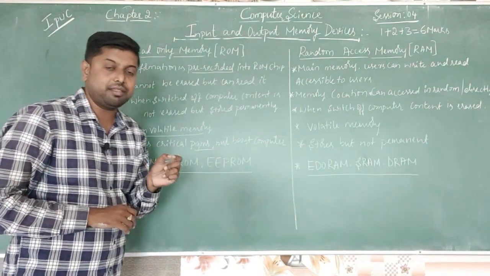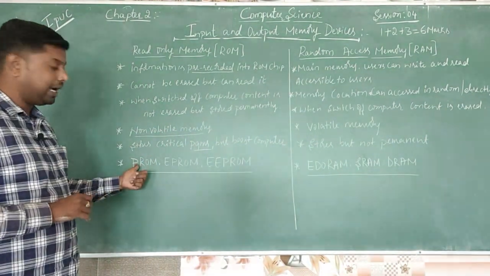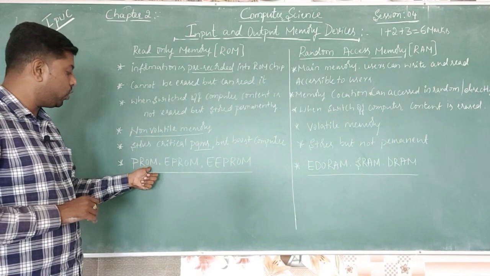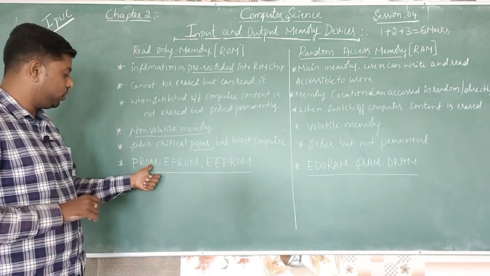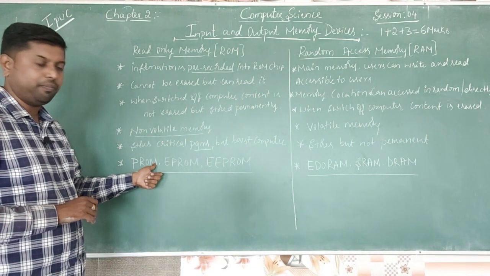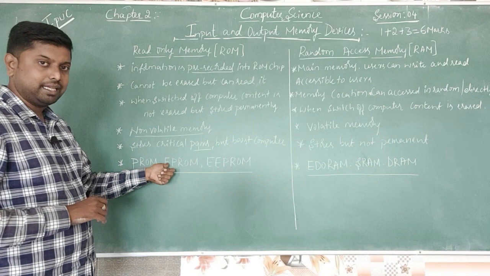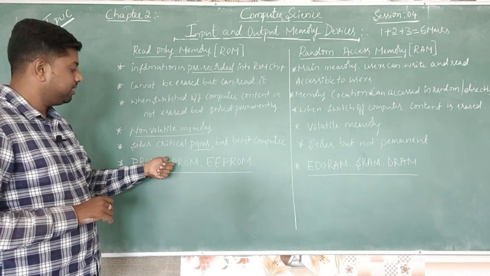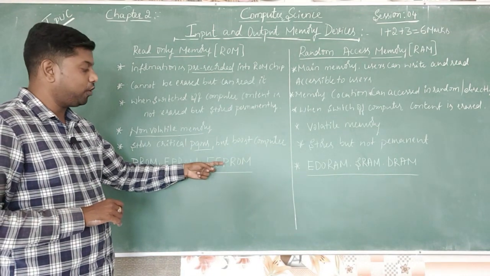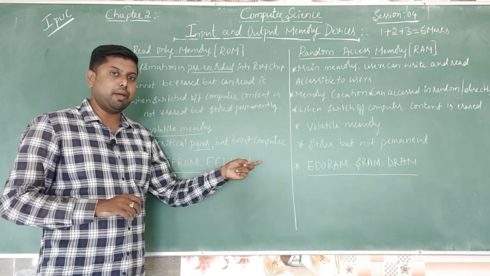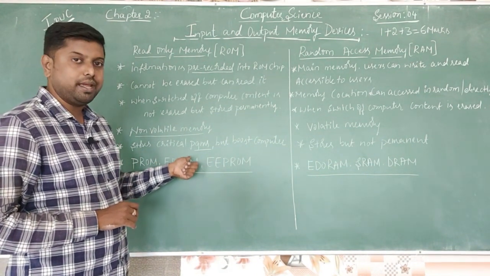I will abbreviate these ROM categories. Programmable read-only memory, PROM. Next, erasable programmable read-only memory, EPROM. And electrically erasable programmable read-only memory, EEPROM.